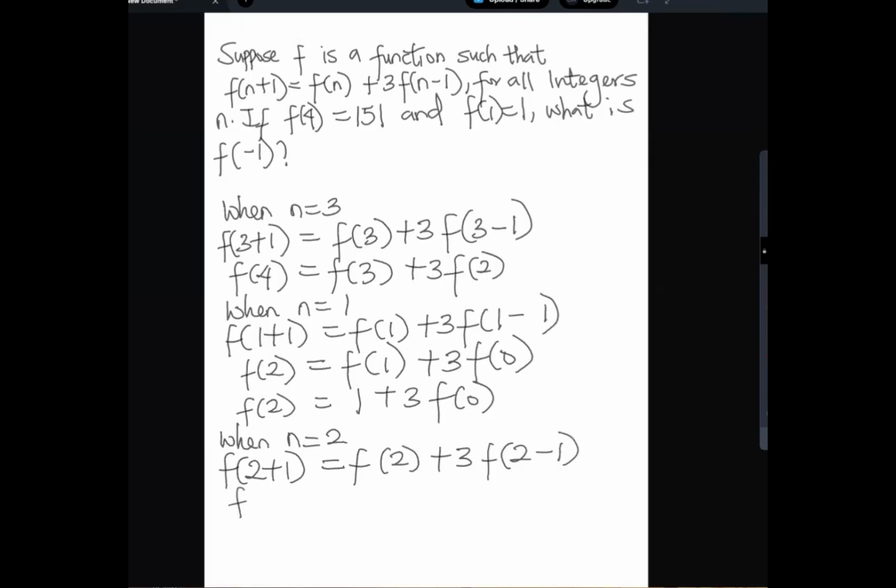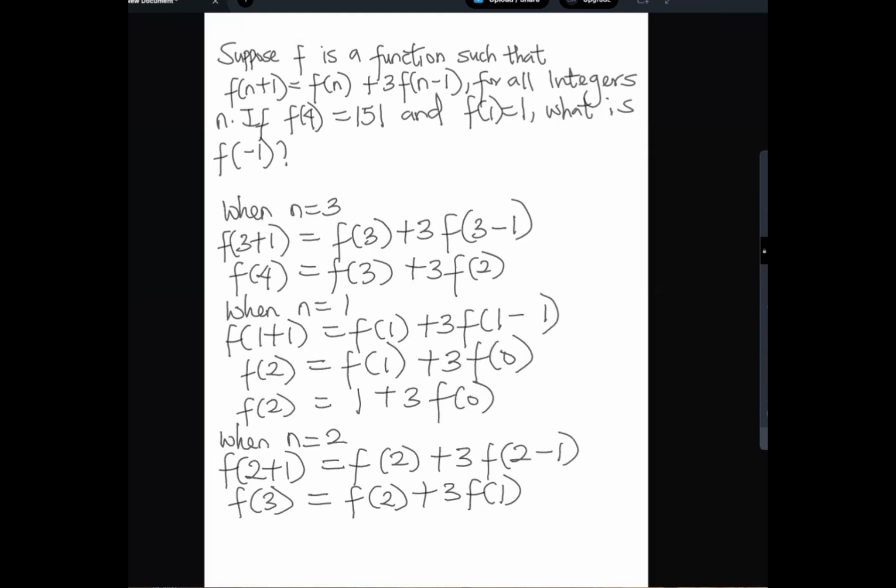So this becomes f of 3, which is equal to f of 2 plus 3 f of 1. Now we've gotten f of 2 as 1 plus 3 f of 0, and we were given that f of 1 is actually 1. So we just need to substitute that into f of 3 and simplify.